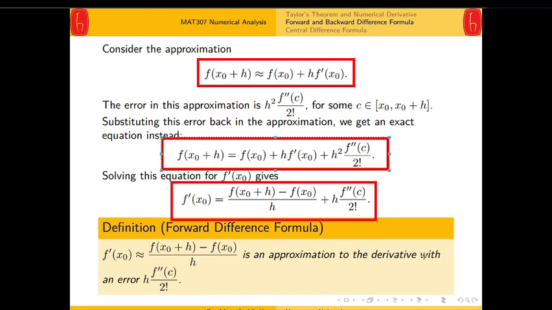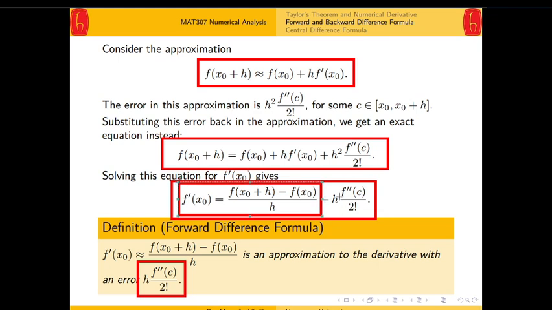This will be an approximation to the derivative, and the error due to this approximation will be h times the second derivative at some point c divided by 2 factorial, because we know this term corresponds to our error if we truncate the series from here. So if we assume this is our approximation, then this will be our error, and the error will be like h times some constant, given the function has a second derivative and the second derivative is bounded.